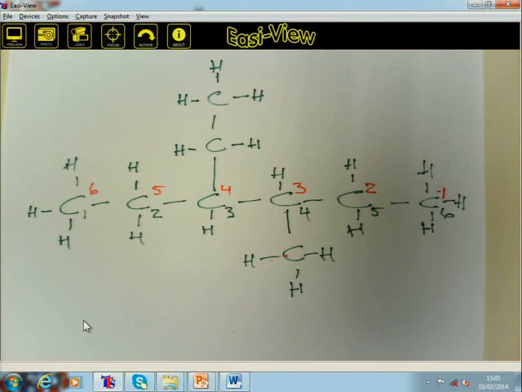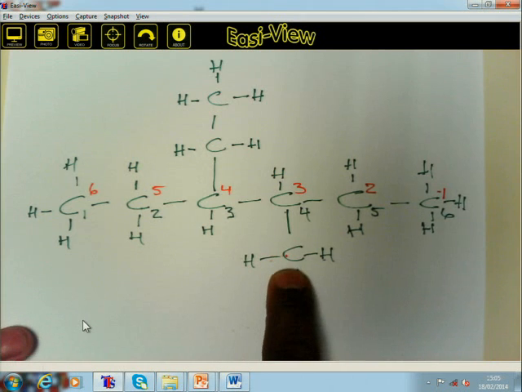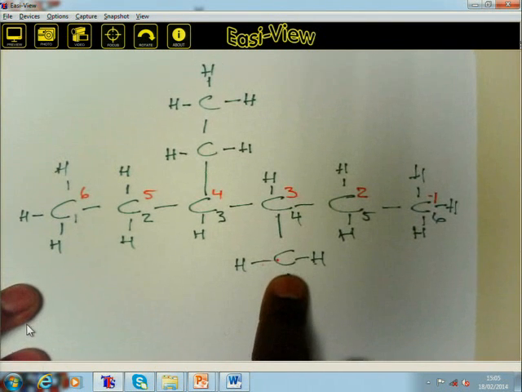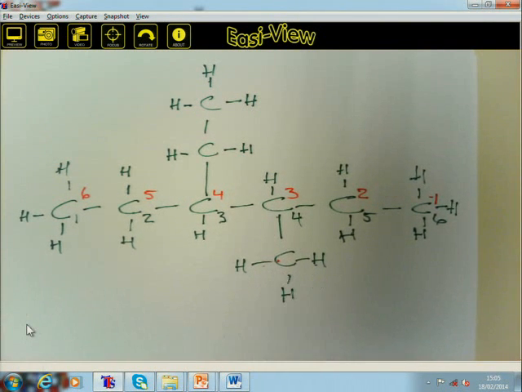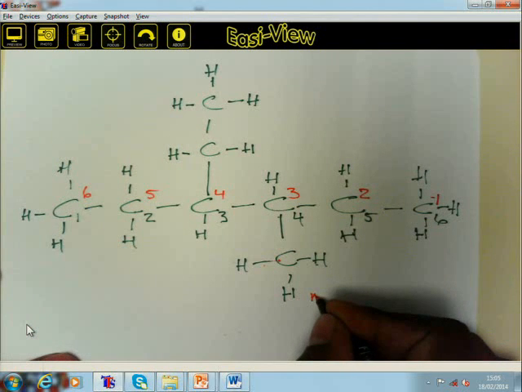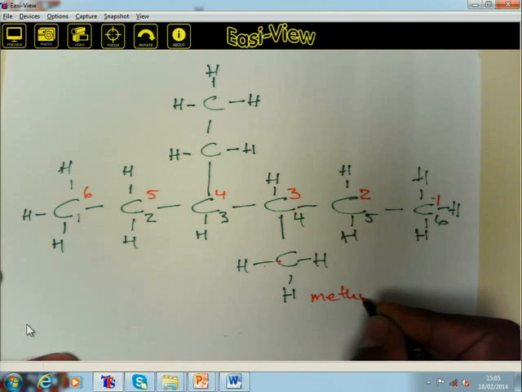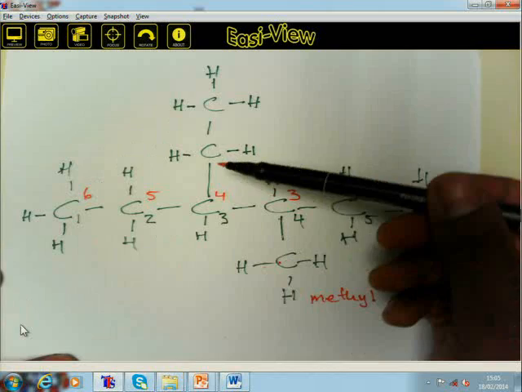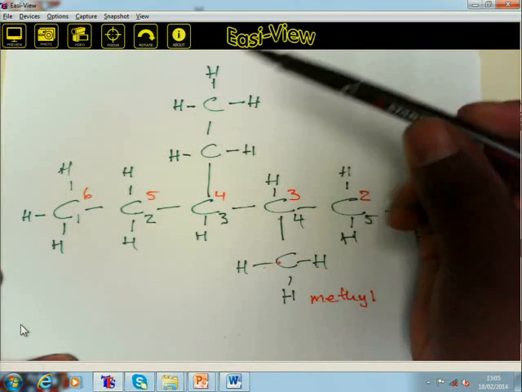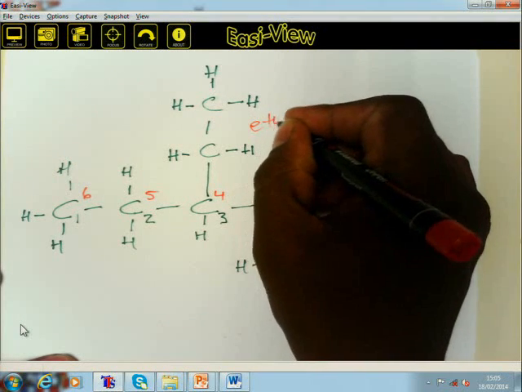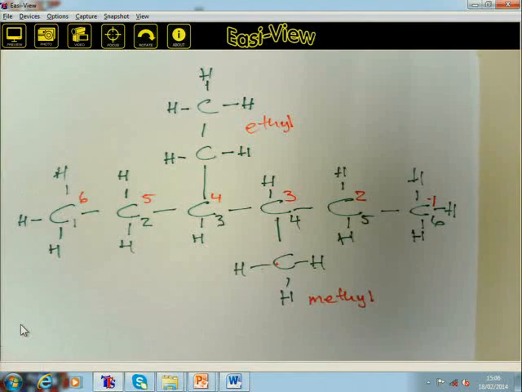All right? And then step number 2, we said you must identify your substituents. If you look here, you've got a substituent with 1 carbon. So this will be a meth. Because there's 1 carbon, I know that's one, it will be a methyl. And then my substituent there has 2 carbons. This one will be ethyl.